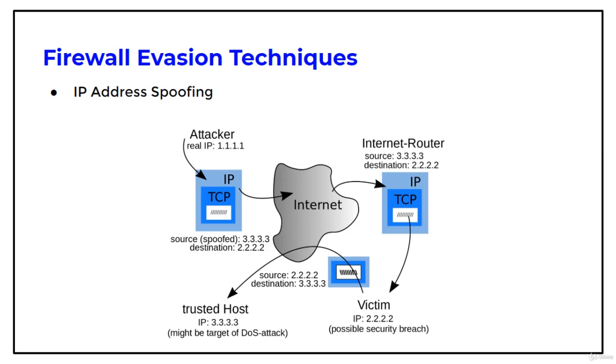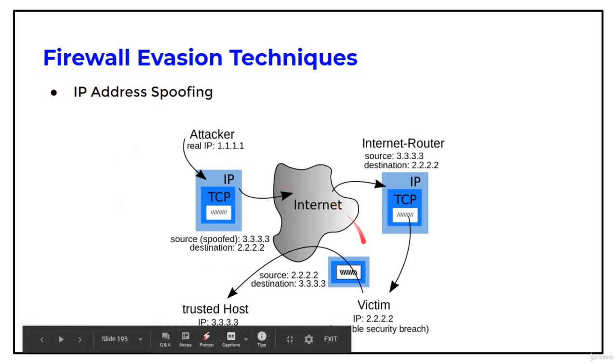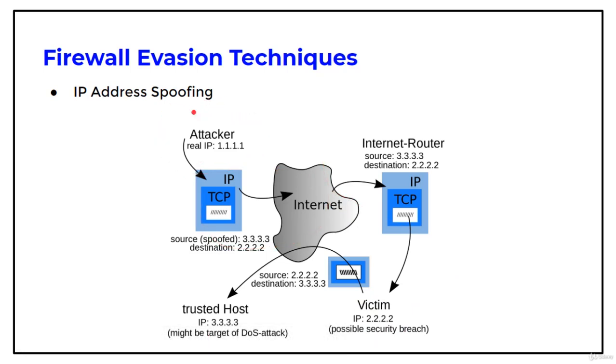the firewall. Now here you can see the attacker's real IP is 1.1.1.1 and the spoofed IP is 3.3.3.3. The attacker intends to send a packet to the victim whose IP is 2.2.2.2. Now the attacker will not send the IP packet using his real IP.